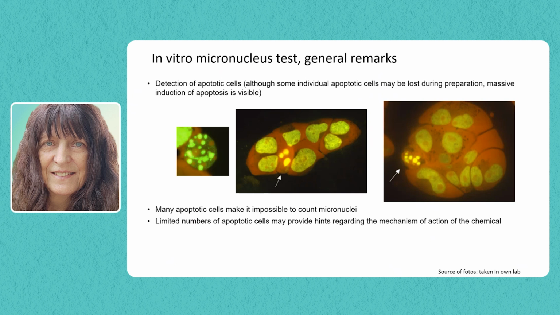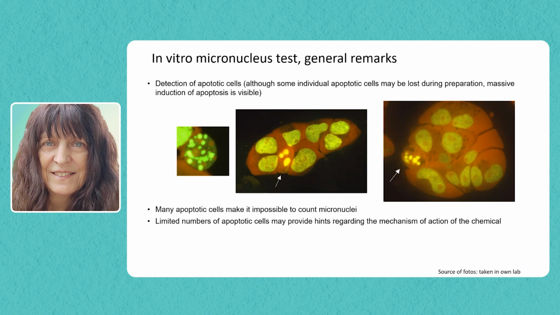If you have a suspension cell culture, you don't lose any cells, so you have all of your apoptotic cells still in the culture. So not in every case can you use this assay to assess apoptosis quantitatively, but you see whether it's there. If you have a strong or even some apoptotic response, you will see it because there will be a few more on the slide. So that gives you a mechanistic indication for a certain mechanism of action of the compound, that it causes apoptosis.